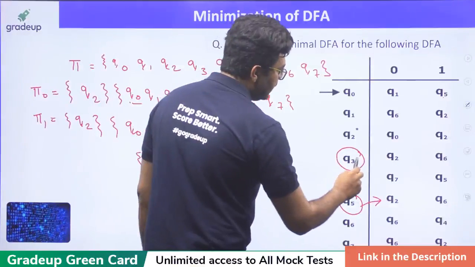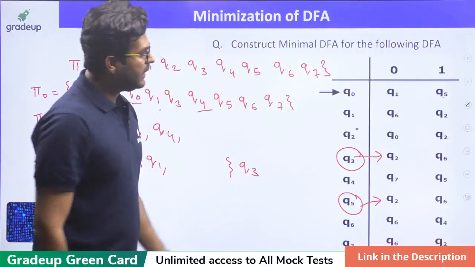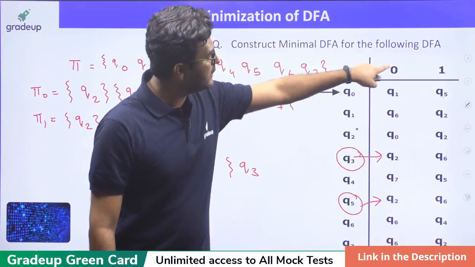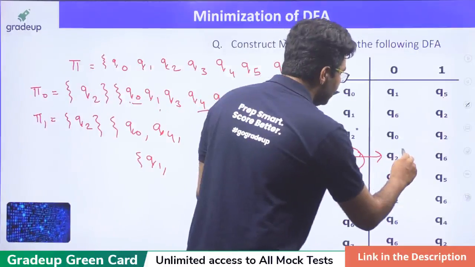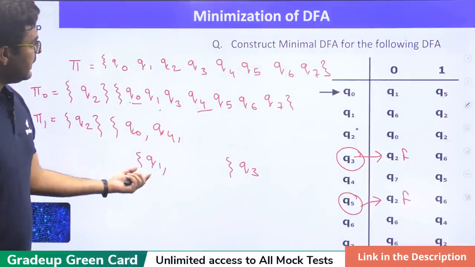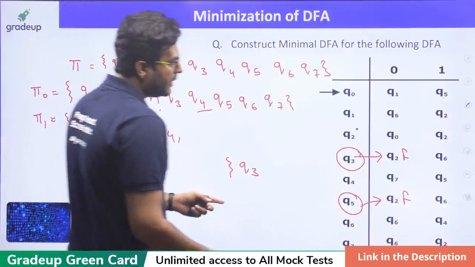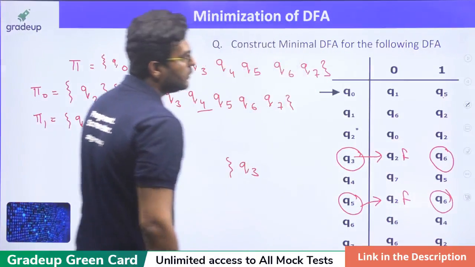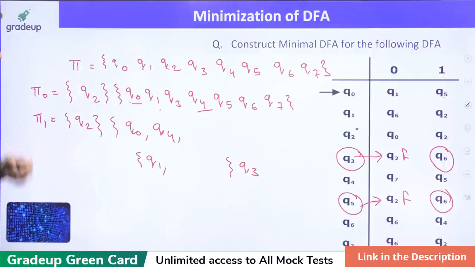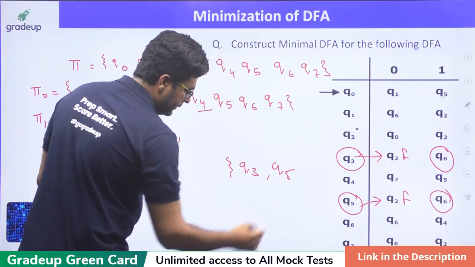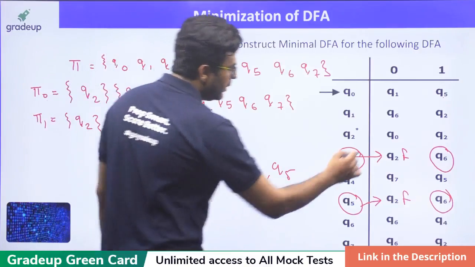That is this state. You can see that Q3 is giving Q2 on 0 and Q5 is giving Q2 on 0, and that state is nothing but a final state, and it's the same state too. So we can keep it here, but we need to check once again. It is giving Q6, Q6, and by this we can say that we can keep Q5 with Q3.